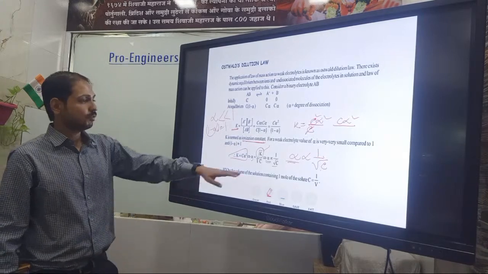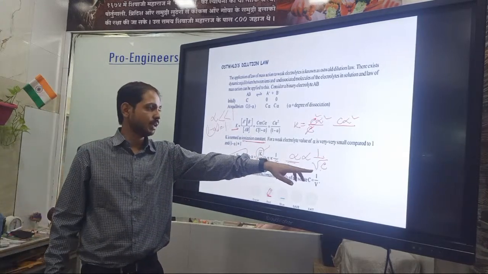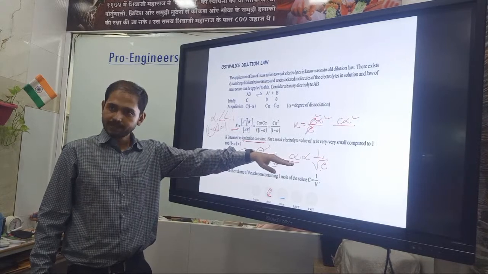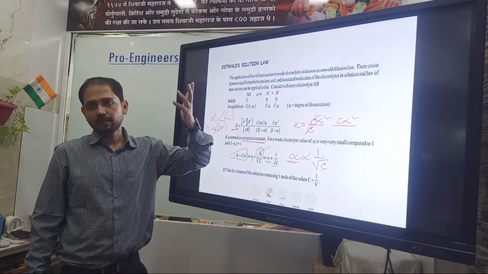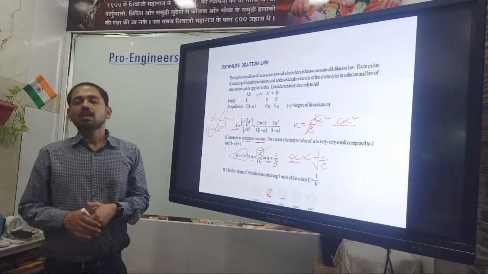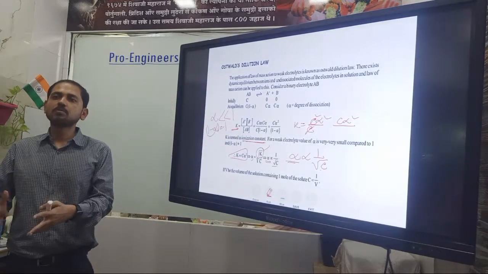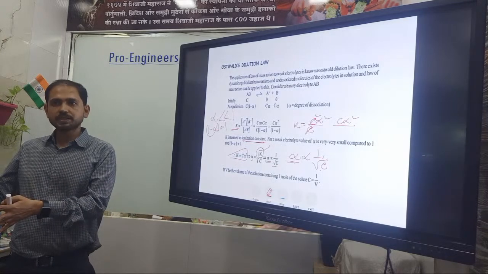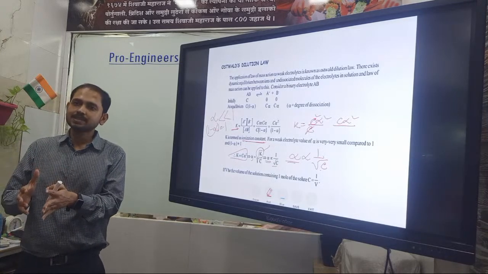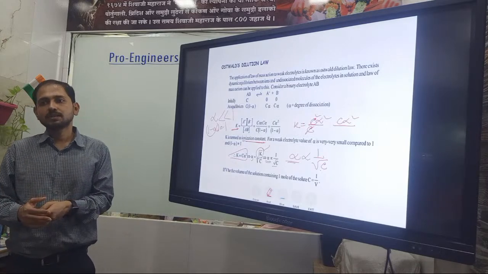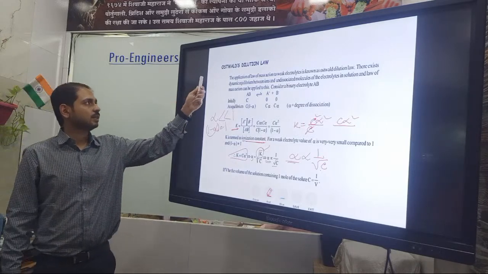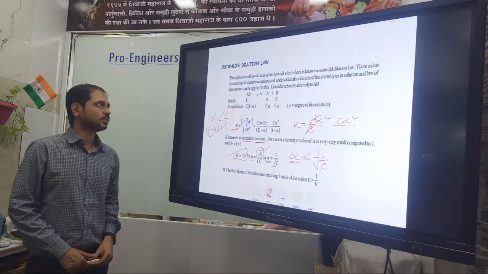If we increase the concentration, alpha will decrease. If we decrease the concentration, alpha will increase. So if we dilute the solution, more ions will be generated. If we increase the concentration, fewer ions will be generated. This is the relation we get from Ostwald's dilution law.